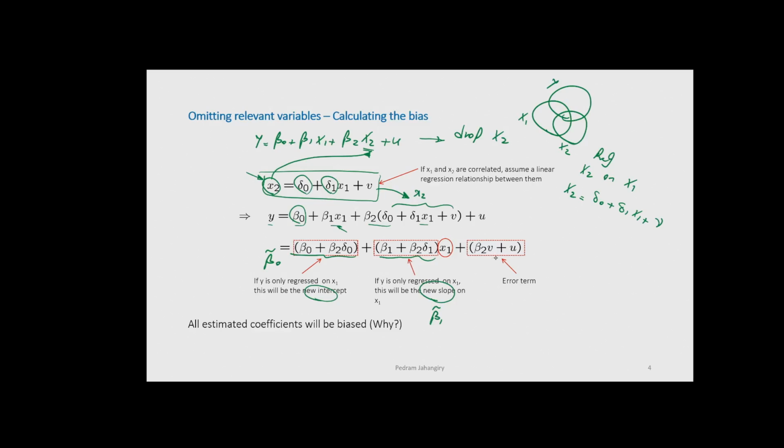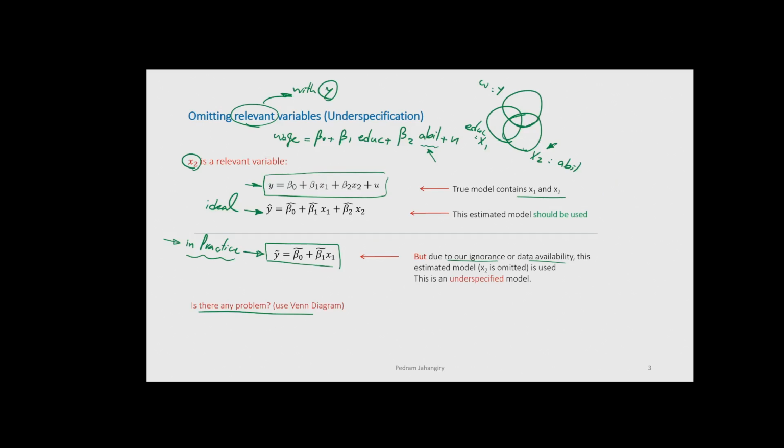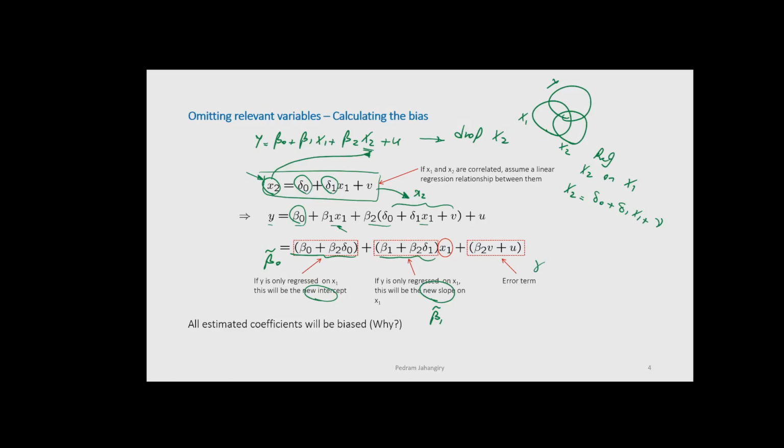And whatever is left, we just call it a new error term. Again, I can call it anything. What did we call it in the previous slide? Actually, we didn't give a name, because there we wrote the hat version and the tilde version. Let me call it gamma, whatever.